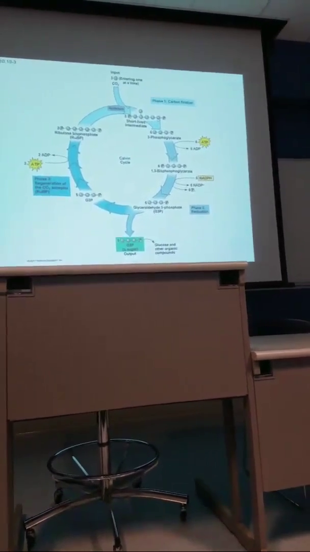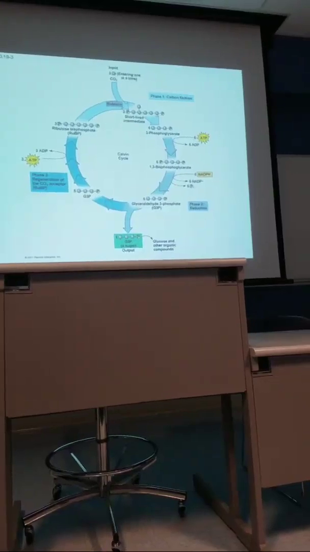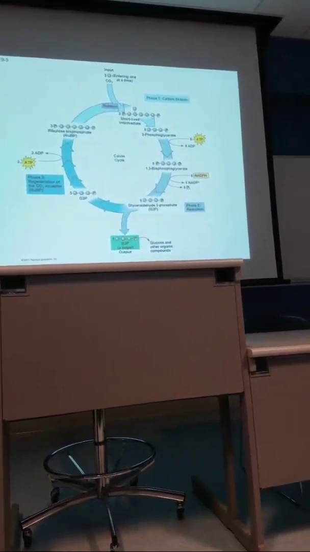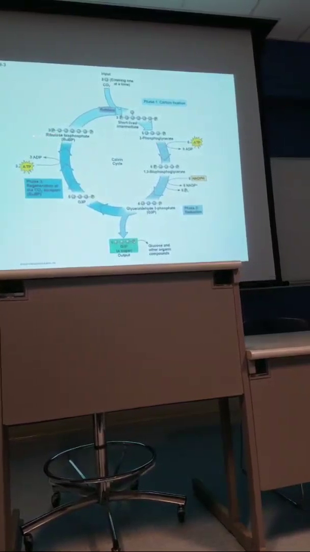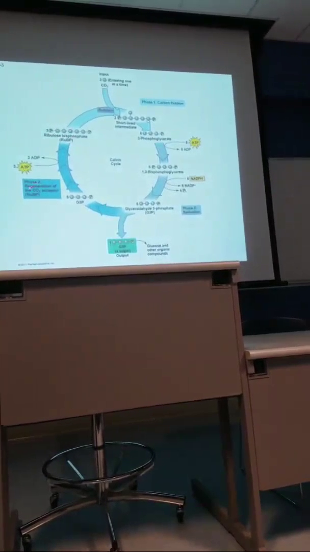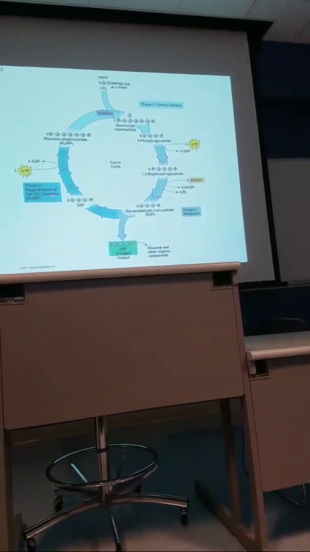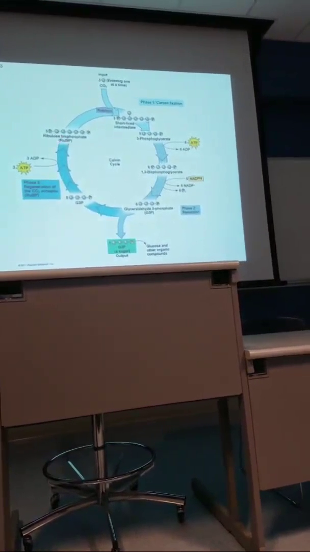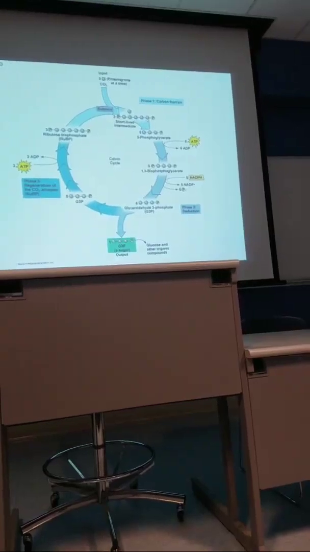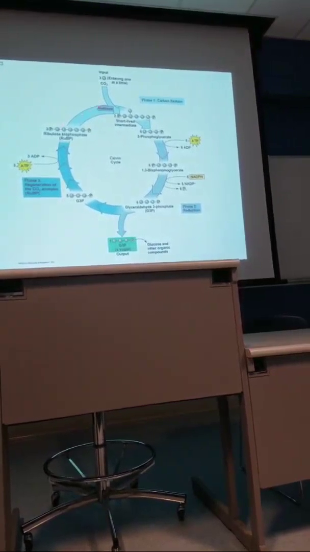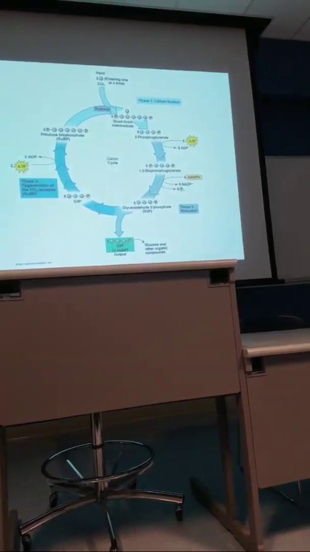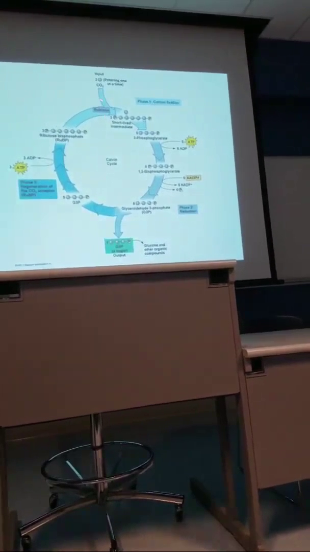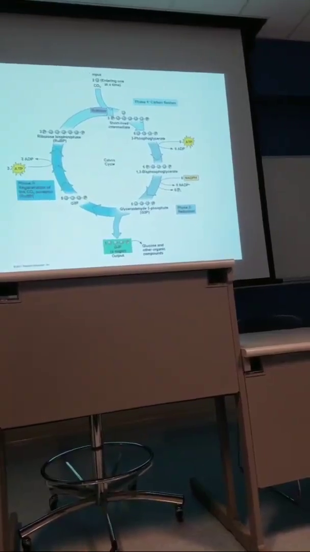Some G3P will stay in the system. Not all of it will come out to make the sugar, but some will stay in the system and regenerate that acceptor, RuBP, ribulose bisphosphate. Then Rubisco will come in, join up with that again, and continue. It brings in the carbon dioxide.